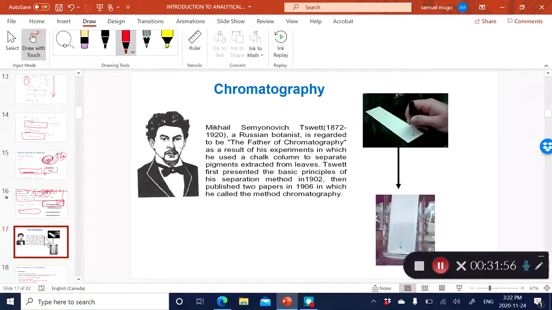And you're going to see that the theory behind the liquid-liquid chromatography is the same theory that is extrapolated into the instrument-based types of chromatography, such as liquid chromatography, gas chromatography, and so on. And so in the next lecture, we're going to talk about chromatography in general.